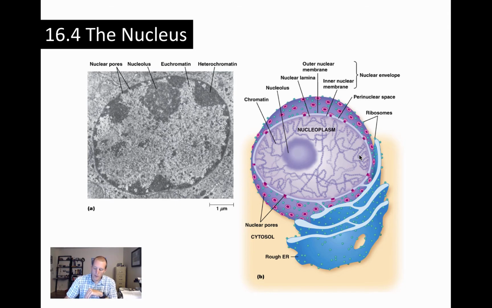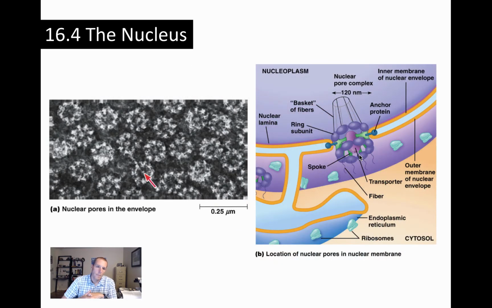So that's a little bit about the structure of the nucleus, a couple of new pieces of information for you. Let's take a quick look at this nuclear pore complex. There's an electron micrograph over here, and you can see these pores are relatively dense on the surface of the nucleus, and they look very symmetrical and somewhat complicated in structure, having a number of subunits.